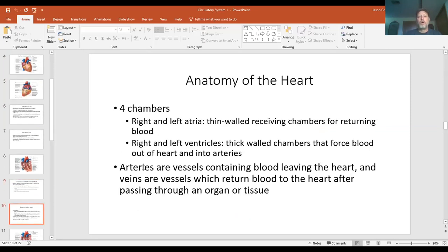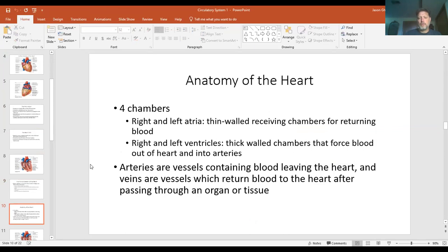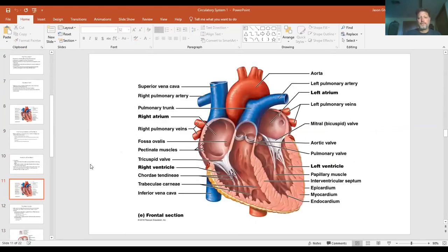Now, arteries carry blood away, so it's leaving the heart. And veins return blood to the heart. Usually we show veins, not always, as blue because there's less oxygen in them. But notice that the pulmonary artery is blue, because there's not a lot of oxygen in it.